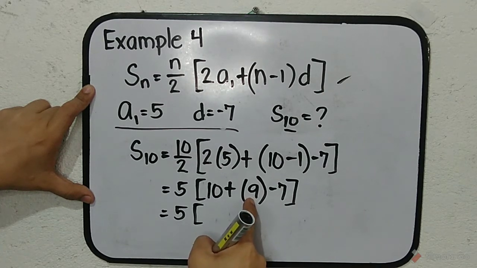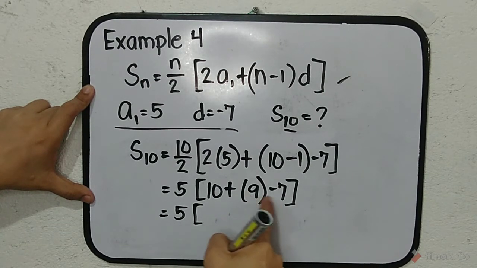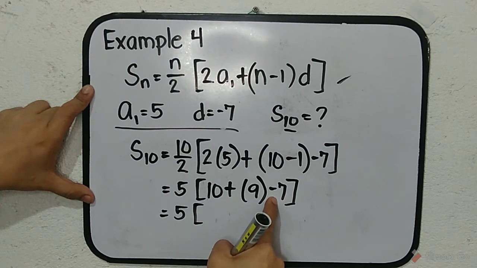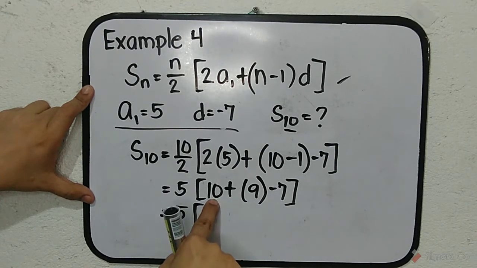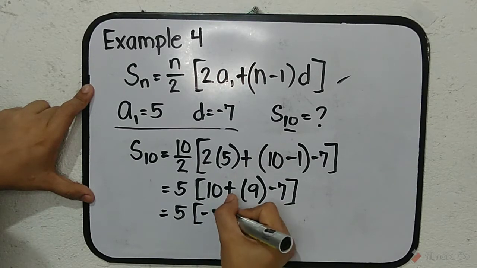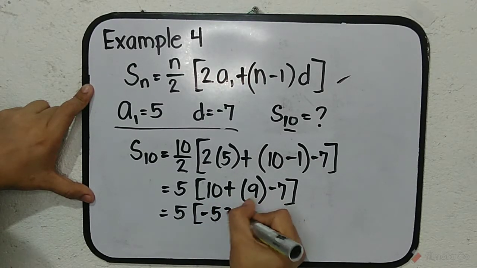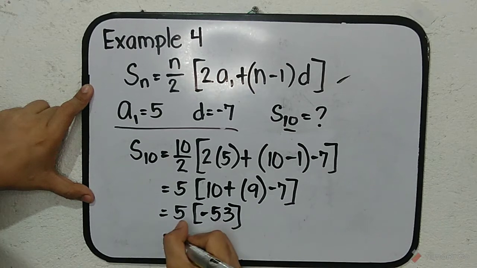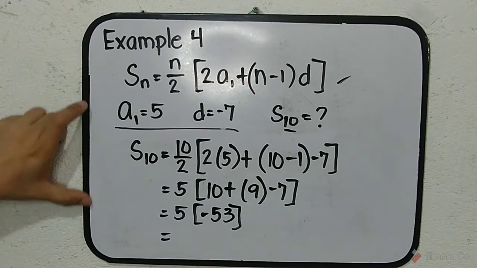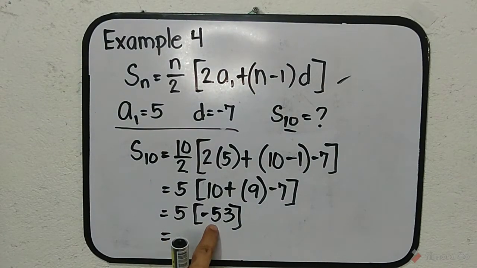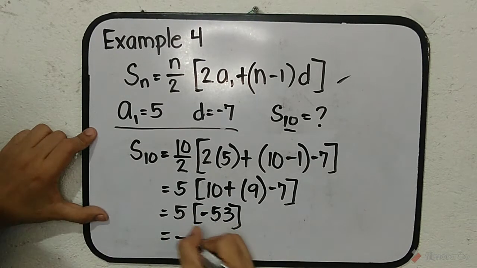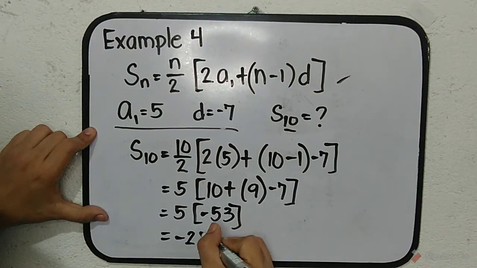Unahin muna natin ang 9 and negative 7. So, 9 times negative 7 is equal to negative 63 plus 10, negative 53. Okay. Last, 5 times negative 53 is equal to negative 265.